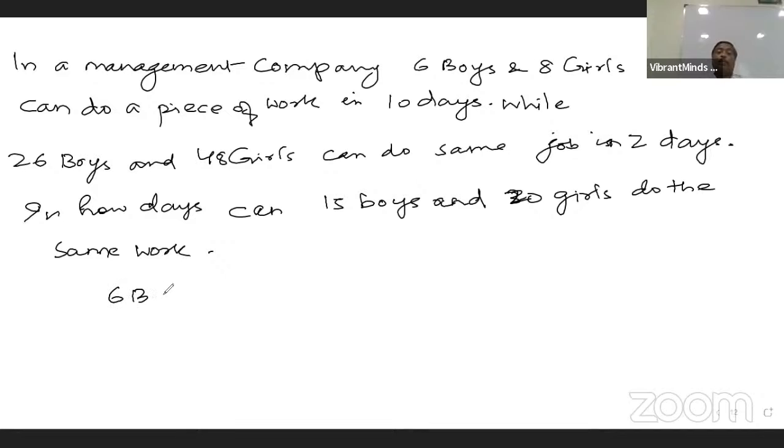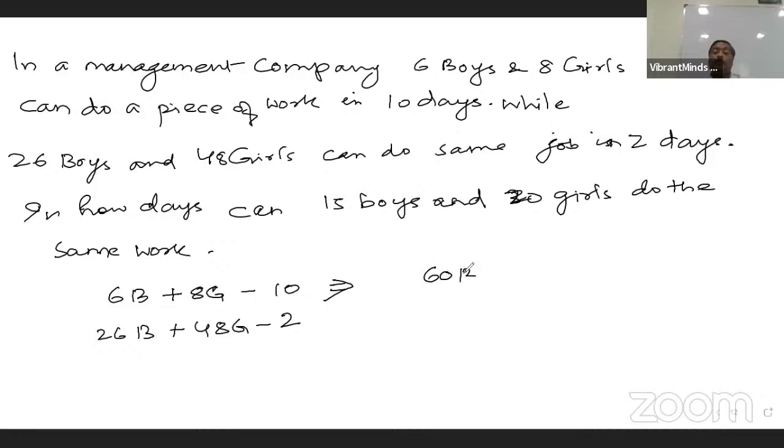Now see, 6 boys, 8 girls took how many days? 10 days. And it says 26 boys, 48 girls took how many days? 2 days. And let's see, in 1 day how many people are required. So when we divide here from 10, what we have to do is multiply here.